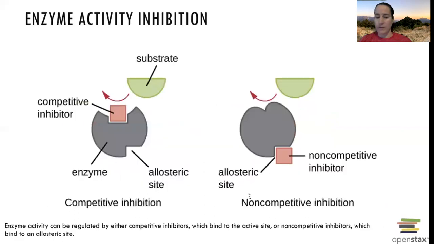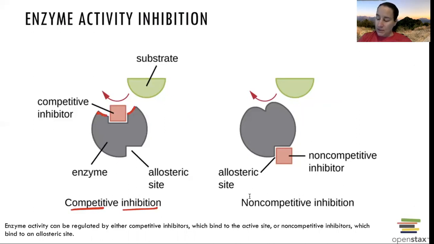So sometimes things get in the way. If things get in the way, it's called inhibition. If something is blocking a reaction from happening, it's inhibition. And in this case, we have competitive inhibition. It is competitive inhibition because here is our active site, and it looks like a half moon, kind of like an open Pac-Man mouth.